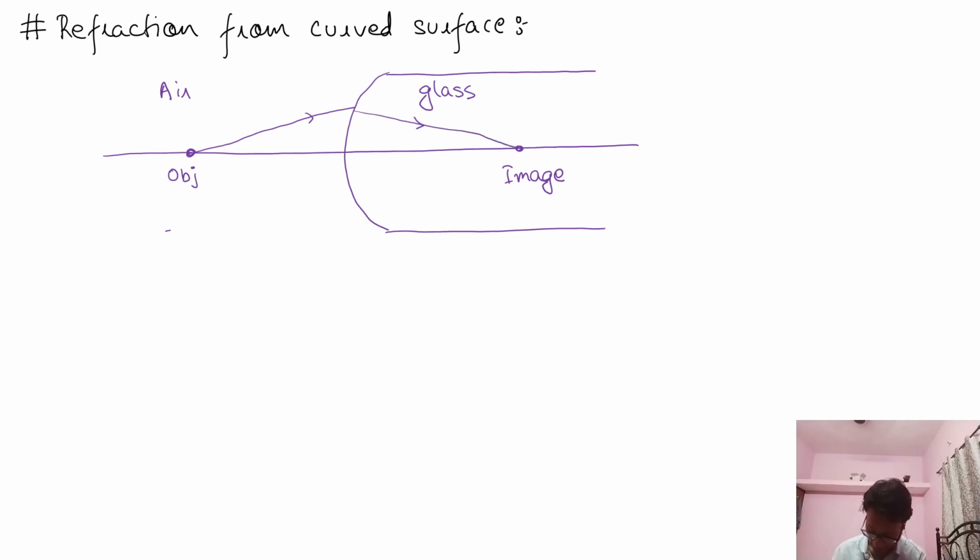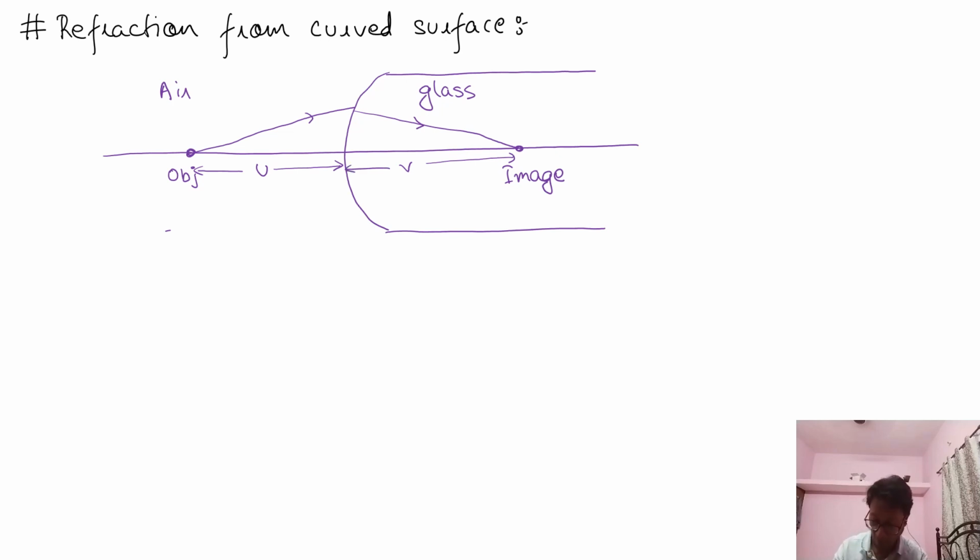See, out here, what is the formula that is governing the image distance and object distance, where this is the object distance, and this is the image distance, okay?